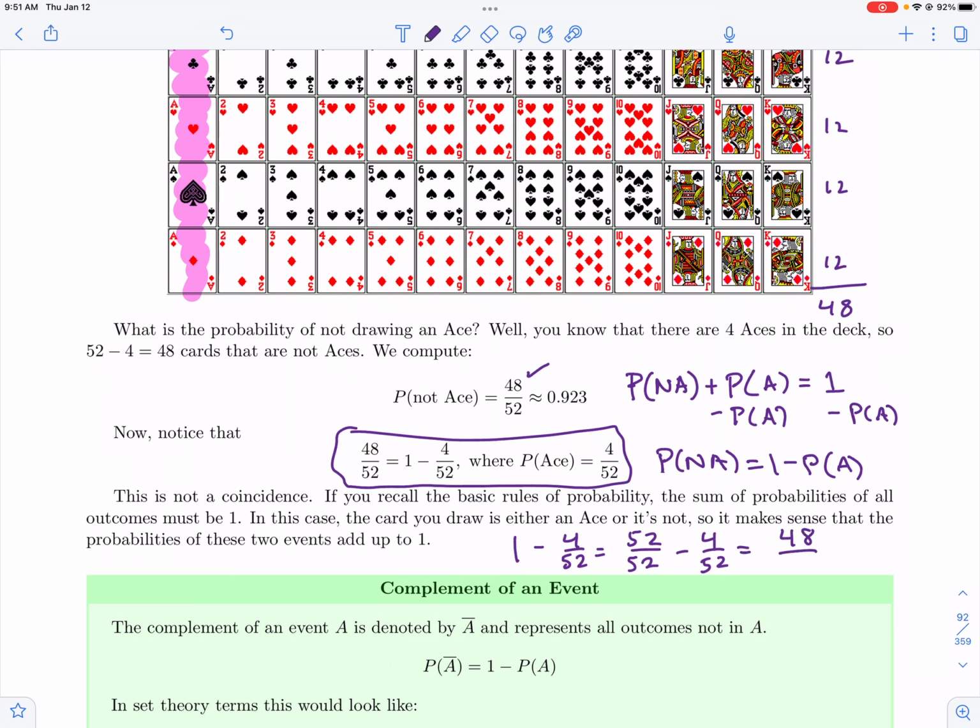When we do our subtraction, lo and behold, we get the exact same thing that we got above. If you're dealing with a single event, you can attack this problem either way. But as our probabilities get trickier, this is going to be the go-to method that we have to use in order to find our complements or our "not" problems.